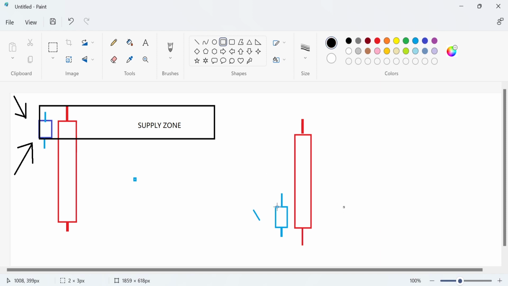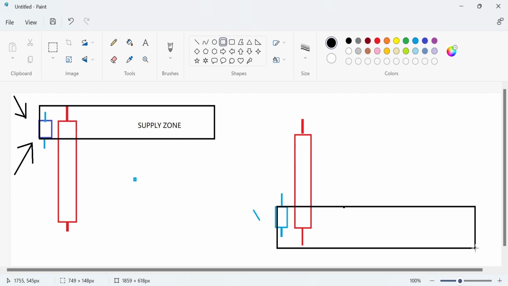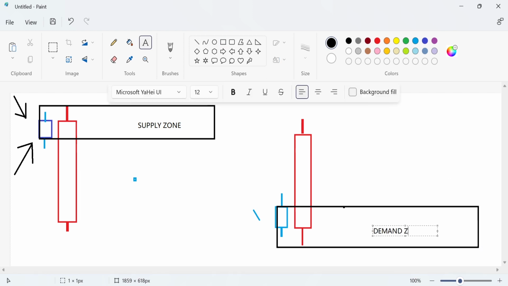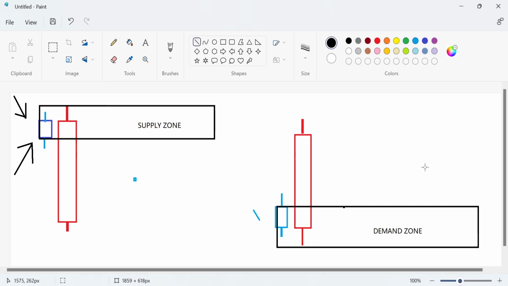We will draw the demand zone from the body to the shadow, depending on whether the shadow is higher or lower. If the price is coming from the top, we have a drop base rally. If the price is coming from the bottom, we have a rally base rally.